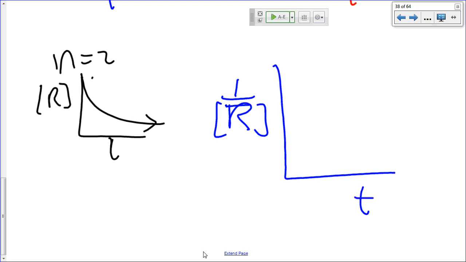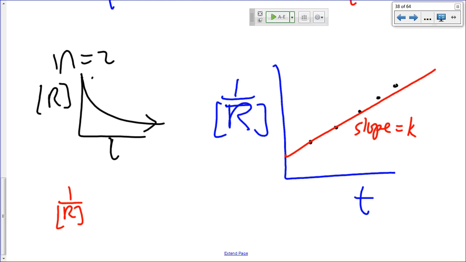If it happens to be second order, when you plot your data, you'll see that these data points, 1 over R versus time, fall in a straight line, and your slope is going to be equal to k. Why is that? Because your equation is 1 over the concentration of R equals kt plus 1 over the concentration of R at time 0.